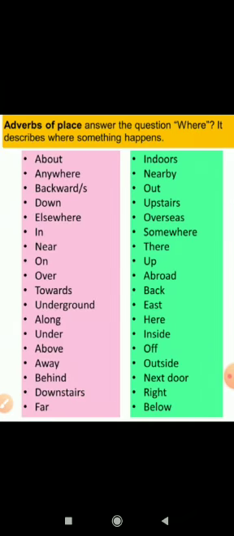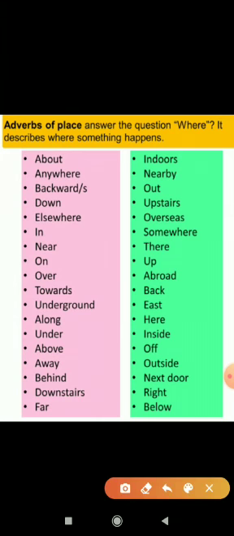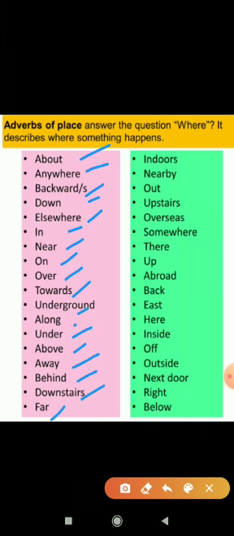These are some examples of adverbs of place. About, anywhere, backward, down, elsewhere, in, near, on, over, towards, underground, along, under, above, away, behind, downstairs, far.